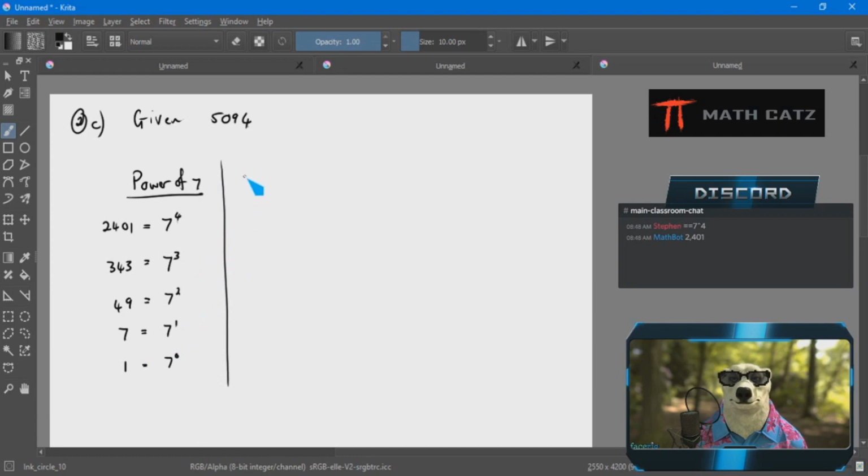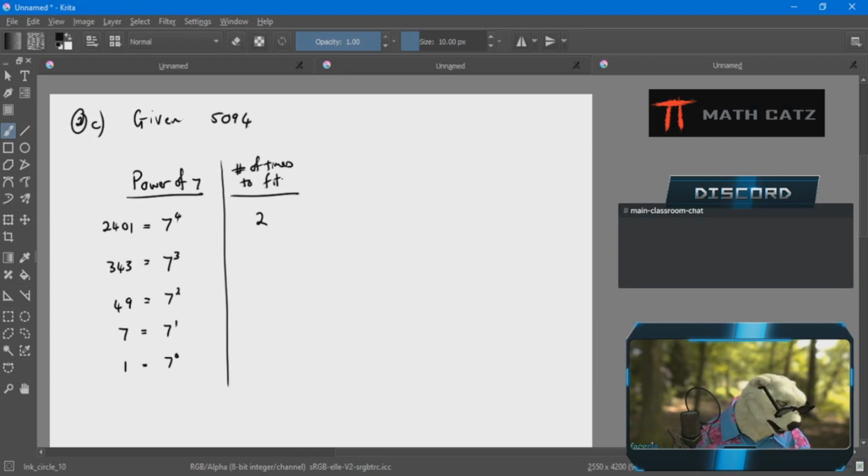Then I want to know, how many times can it fit? So let's say here, number of times to fit, or however you want to give this a heading. So 2401 can fit in there twice. How do I know? I divide it. My given number divided by 2401.